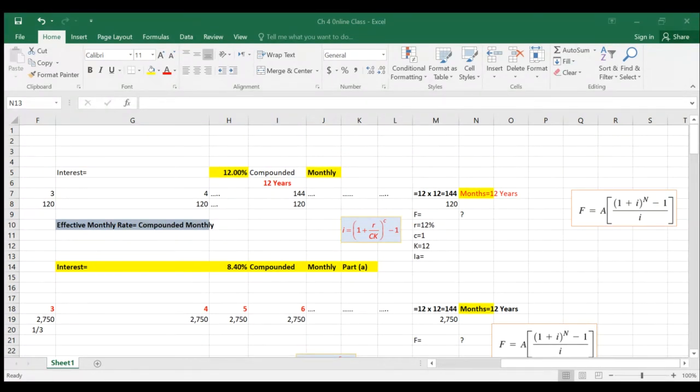0.126? No, Habib, this is the monthly rate. My answer should be 1%, 0.1% something. No, 12% compounded monthly, now I need my monthly rate. Yes, it's close, give me 4 or 5 decimal places. Yes, Akram.